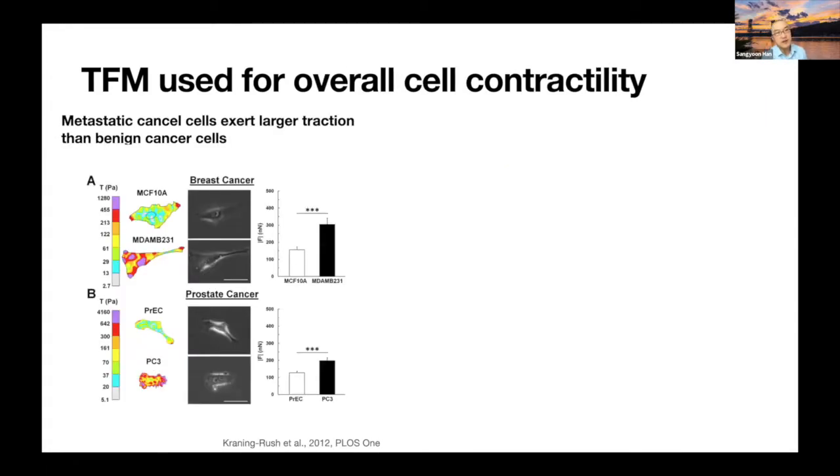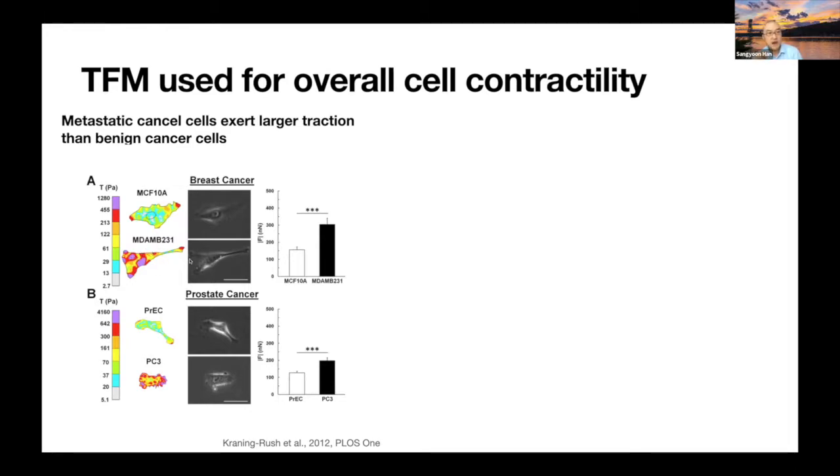Also, this TFM has been used for overall cell contractility measurement. This is one interesting work by Cindy Ryan King at Vanderbilt. They used many cancer cell lines: benign cell lines from breast cancer and prostate cancer, and also malignant cell lines of breast cancer and prostate cancer.